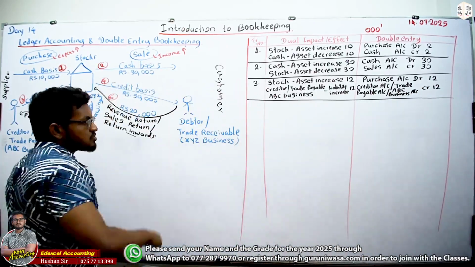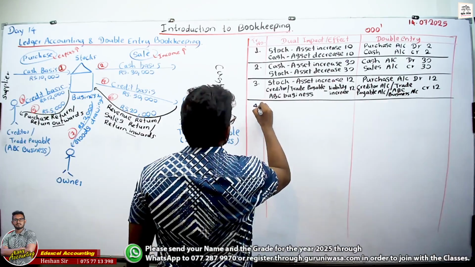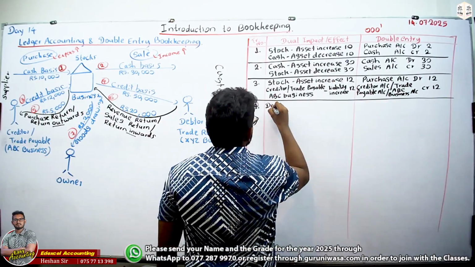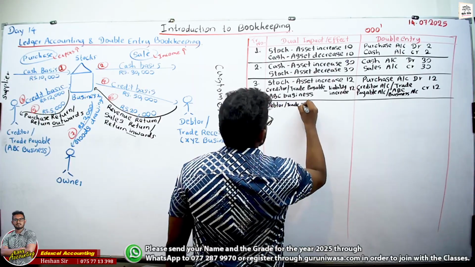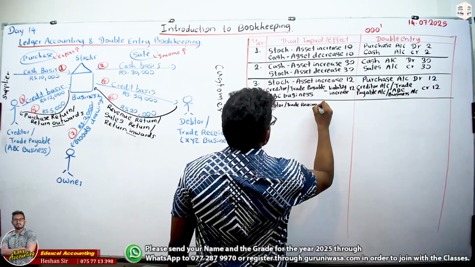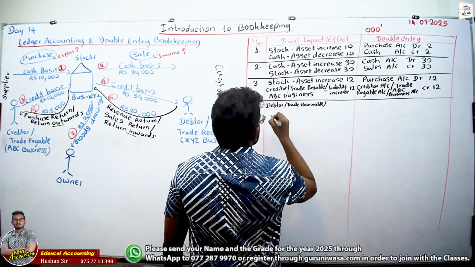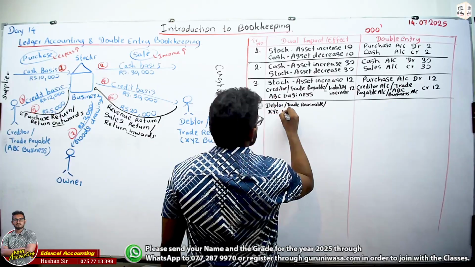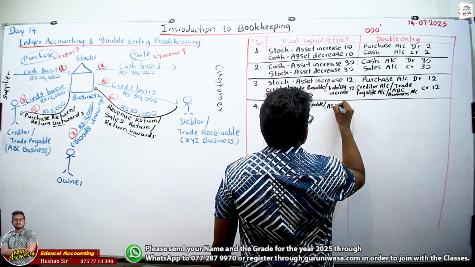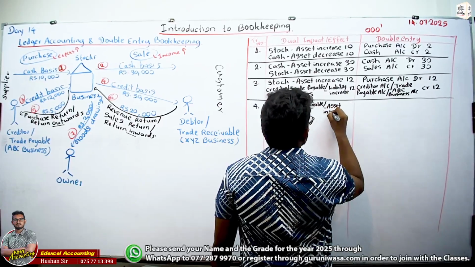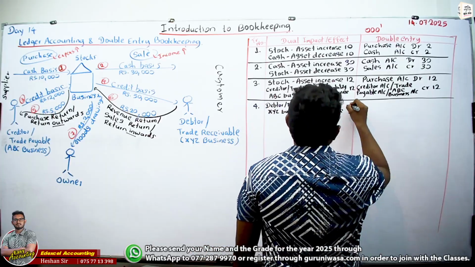When we sell the goods on credit basis, number 4, debtor, or in another word, trade receivable, or in another word, XYZ business. This is asset increase by rupees 50,000.